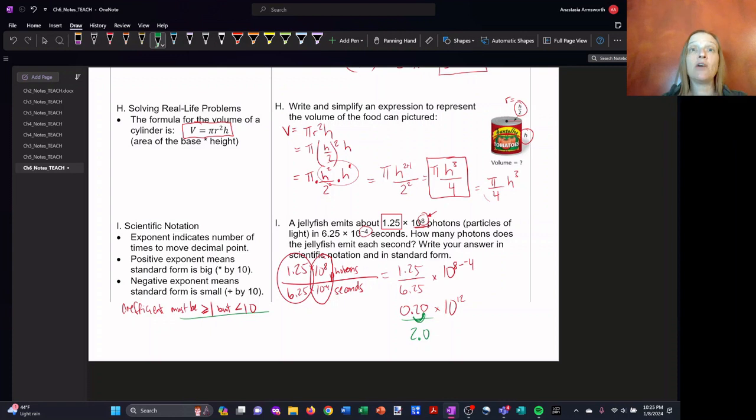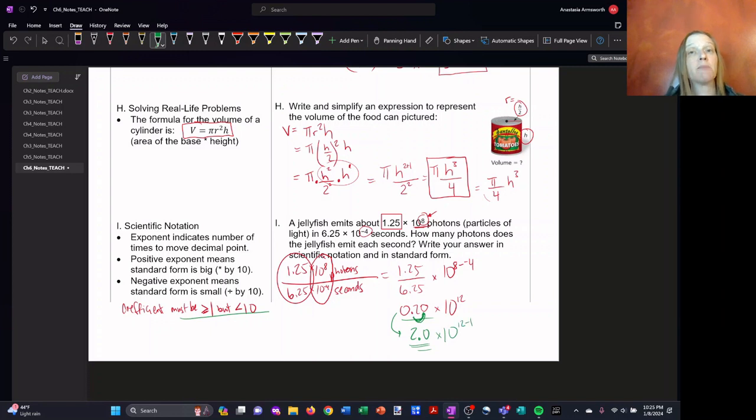We want to have an equal statement here. If you look, I took this number from 0.20 to 2. I made the number bigger by moving the decimal point one time. Because I made this number bigger, I have to make this number smaller to compensate.